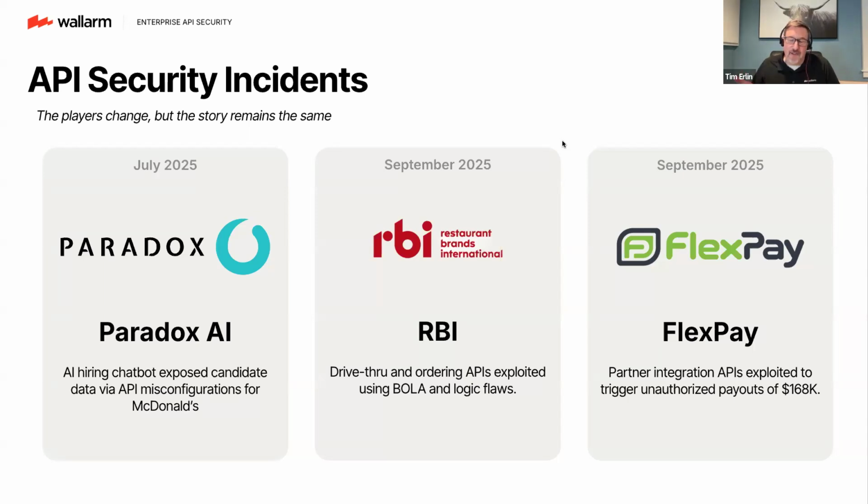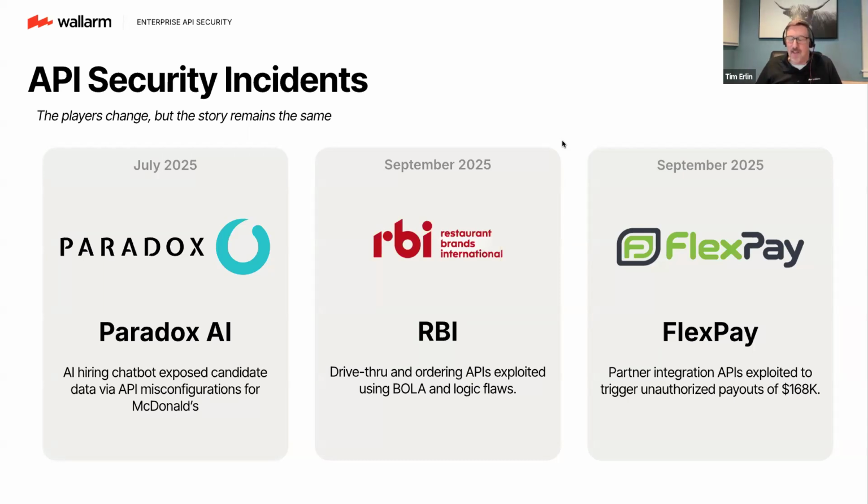So I could say it was a rough couple of months for fast food and API breaches, because Restaurant Brands International is the parent company that owns Burger King, Popeyes, Tim Hortons, and Firehouse Subs. Their incident was with their drive-through ordering system. A couple of researchers found multiple issues, including unauthenticated open APIs, lack of validation for people signing up, whether they were employers or not, and sensitive data that was exposed.